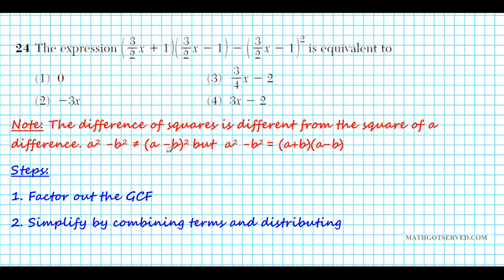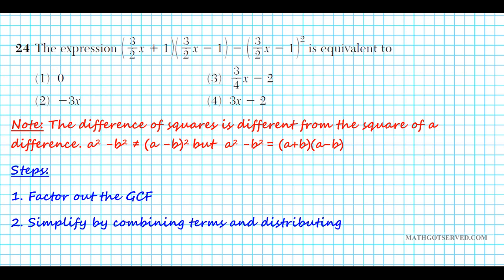It is not a minus b squared. In this problem, on the left side you have the factored form of a difference of squares. On the right side, you have the square of a difference. They are two entirely different things. Some students might think these two are the same and pick option 1, and that is incorrect.